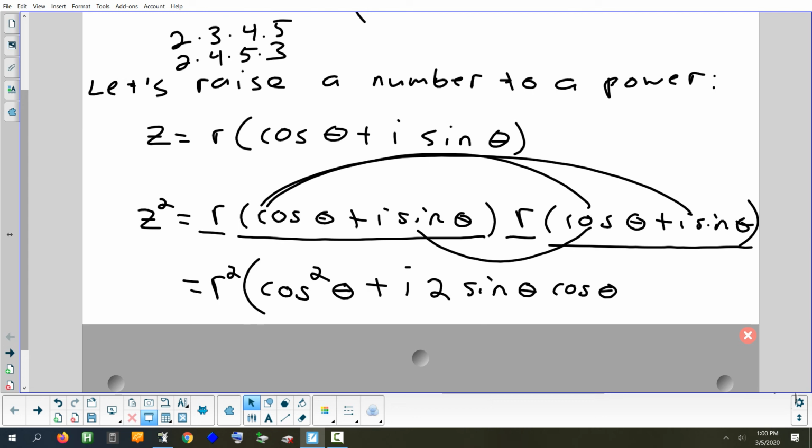That's fine. And the last part. What's I sine times I sine? Negative 1 sine squared, because I times I gives you a negative 1. So there's that. Sine times sine is sine squared.